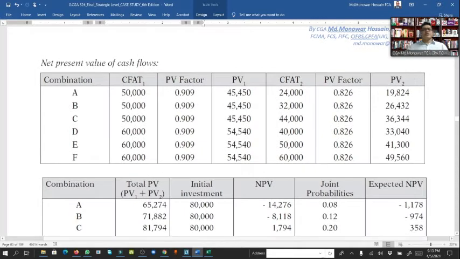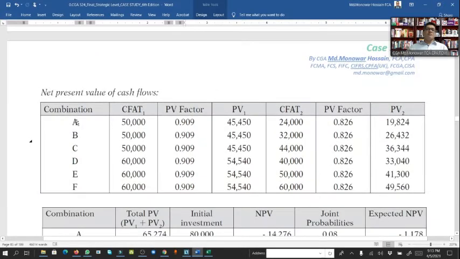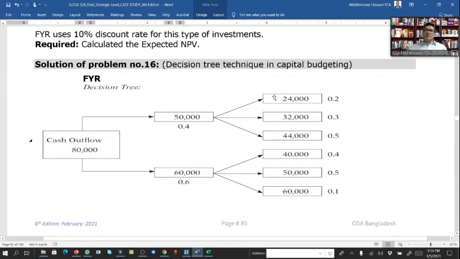Now look at the net present value of the cash flows. Here there are different combinations: combination 1, 2, 3, 4, 5, 6, which we can label A, B, C, D up to F. So we count six combinations. For the first-year cash flow after tax, there are three branches in the first year and three in the second year.